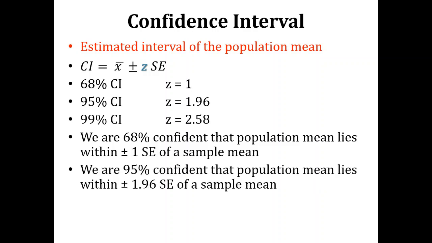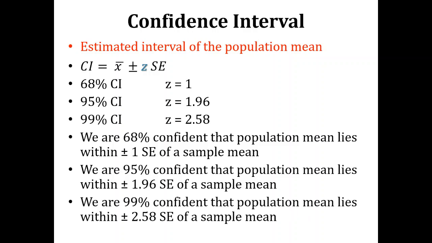And when we take the confidence level of 95%, we are 95% confident that the population mean lies within plus minus 1.96 of the standard error of the sample mean. And when we take the 99% confidence interval, we can say that our confidence level is 99% and we are 99% confident that the population mean lies within plus minus 2.58 standard errors of the sample mean, right?